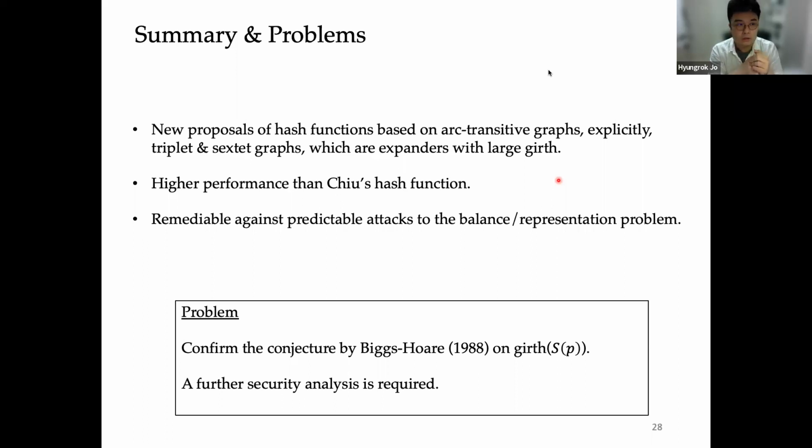This triplet graph and the sextet graph were suggested in 1988 and 1992, but we don't know of further examples yet. We have a slide with some other examples in our paper, but they are not enough to construct a hash function for now. So we don't know yet of other examples which have large girth.